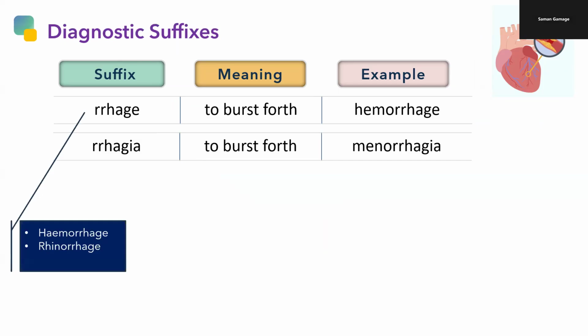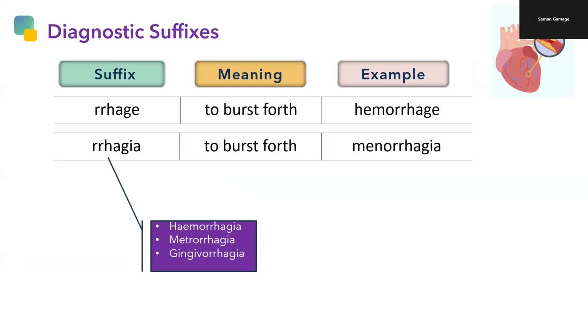Rage, some examples are hemorrhage. Hemorrhage means bleeding. Rhinorrhage means the discharge from nose, or maybe bleeding from nose. Then ragia, one example is hemorrhagia. Metrorrhagia means bleeding from uterus.